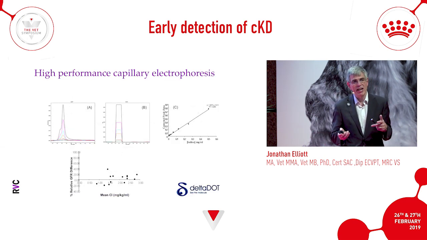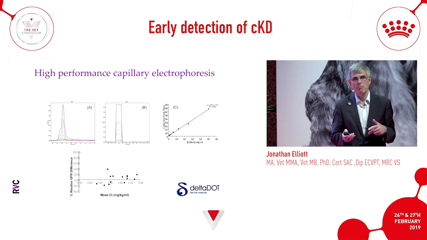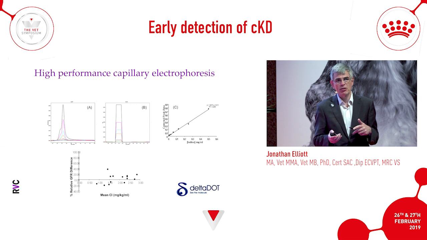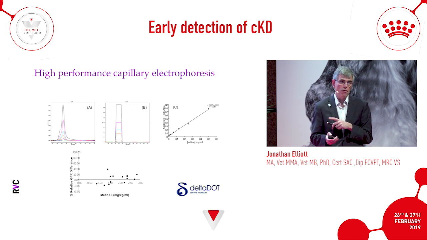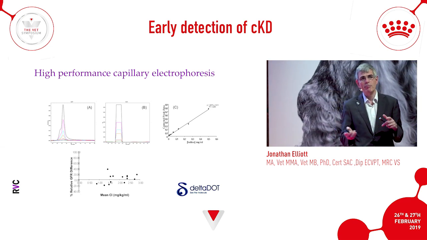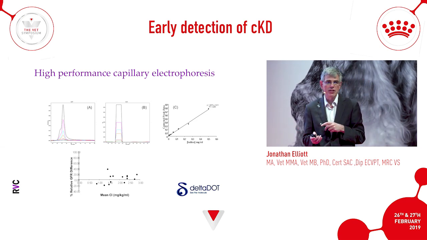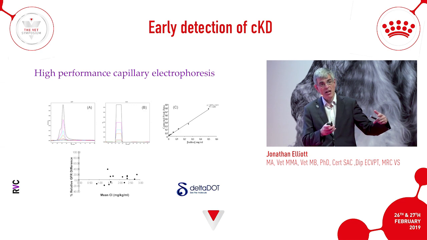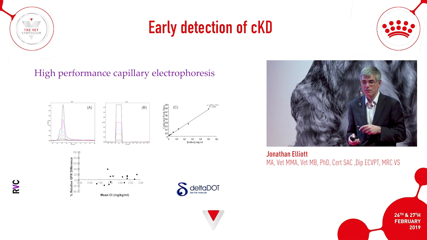One of the problems with iohexol is having a method to measure it. And the methods that are available through human hospitals are sometimes difficult to access. At the Royal Veterinary College, we do offer a service of measuring glomerular filtration rate using iohexol, and we do that in partnership with a company that have a high-performance capillary electrophoresis method, which we have validated in parallel to HPLC and other methods that are well validated for measuring glomerular filtration rate.